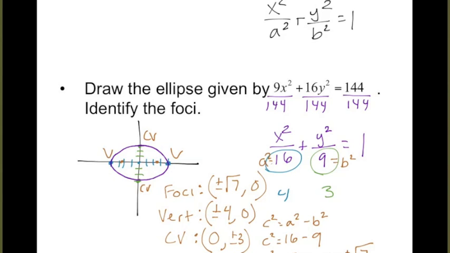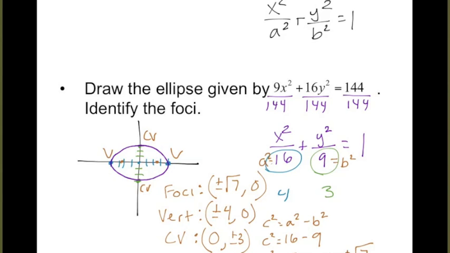From the equation, you can tell where those things should belong because this 16, square root is 4, is with the x. So that 4 should go in the x position of a point. The 3 came from the 9, which is under the y. So the 3 should be in the y position of a point.